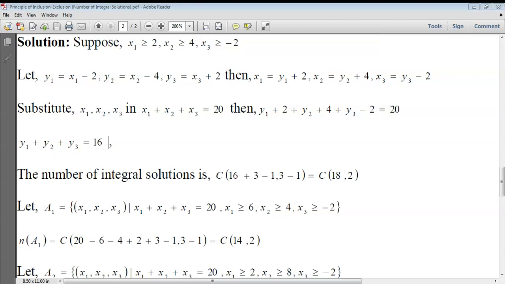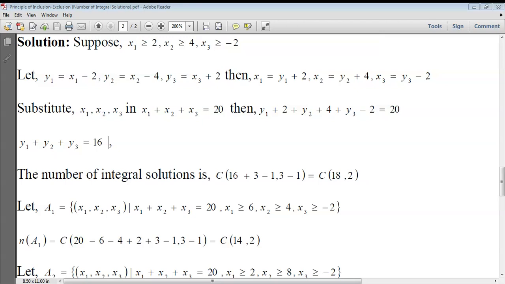The required number of solutions is equal to the number of solutions with x1 greater than or equal to 2, x2 greater than or equal to 4, x3 greater than or equal to -2, minus the number of solutions with the condition x1 greater than or equal to 6, minus the number of solutions with the condition x2 greater than or equal to 8, minus the number of solutions with the condition x3 greater than or equal to 10.